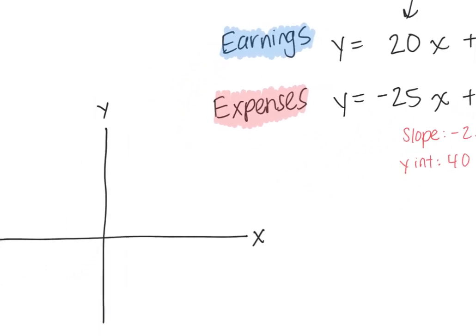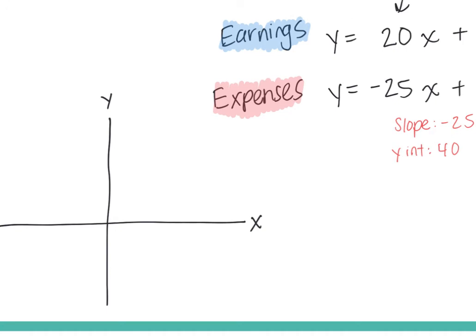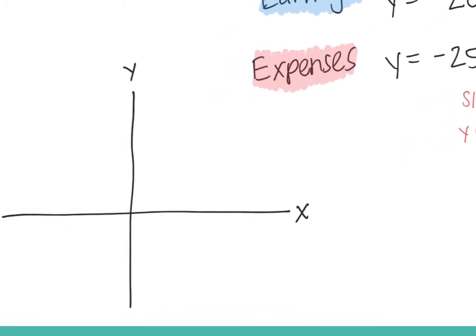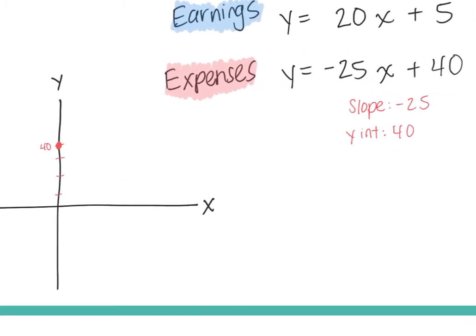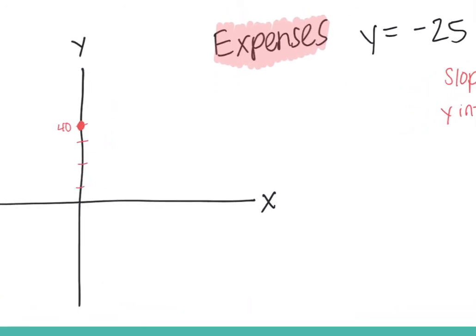What's the first point I should put on the red graph? 0, 40. Very good. Where it crosses the y-intercept. So let's count by tens. 10, 20, 30, 40. Let's label this 40, and let's put a nice red dot right there at 40. Now our slope is negative 25, so how are we going to move?